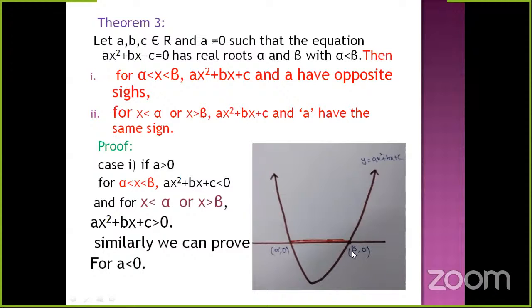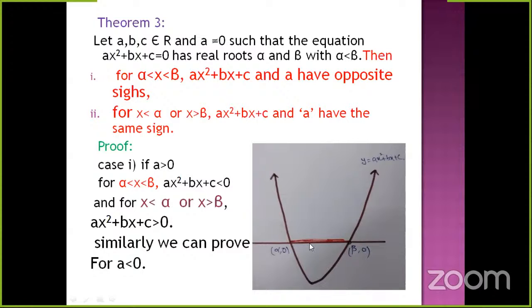So the x coordinates of these points are called the roots of this curve, that is ax square plus bx plus c. So see, for x lying between alpha and beta, what is the value of y? See here, red color. When x lies between alpha and beta, the y value is below the x-axis.